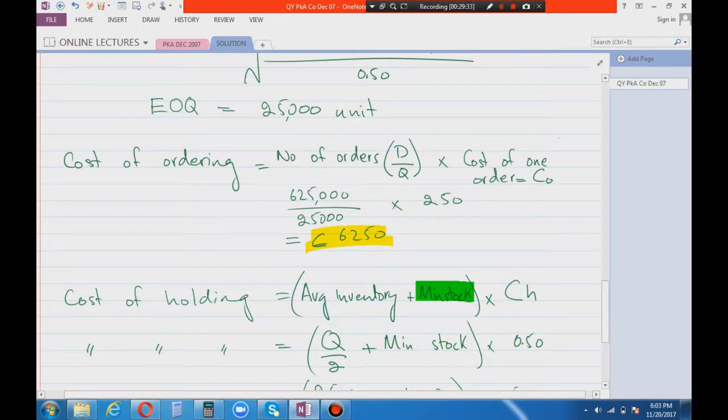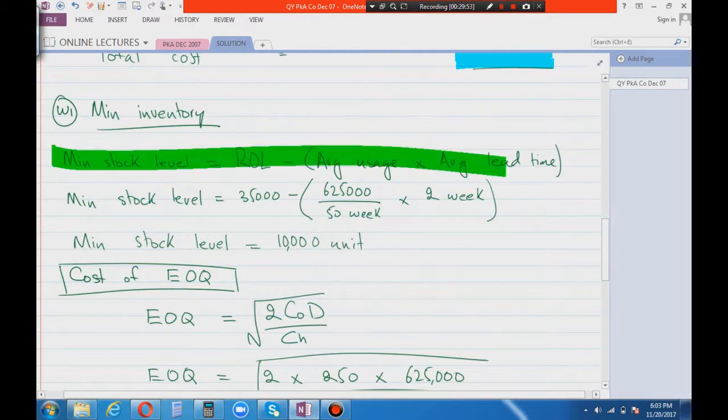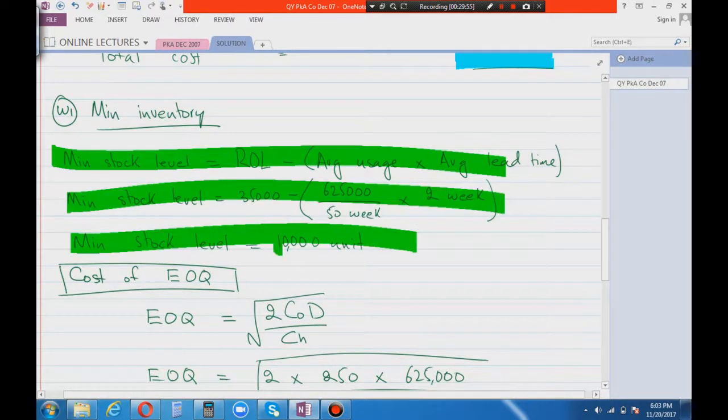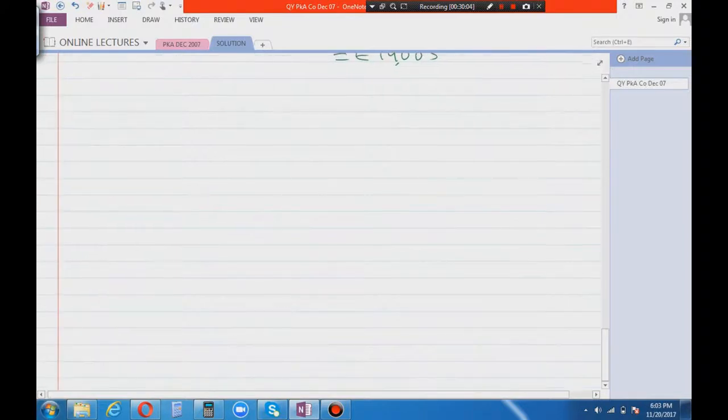So if you think that you are comparing two policies and there are two things that would be present in both the policies, maybe you can ignore the minimum inventory in both the calculations. So you don't have to do all this working to calculate minimum inventory, that you calculated as 10,000, because you ignored it, right? So if you ignore it, let's quickly recalculate it.